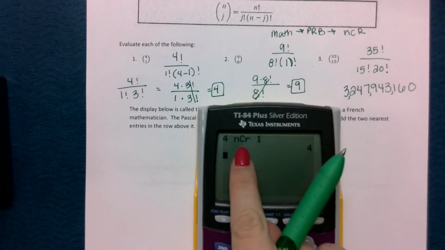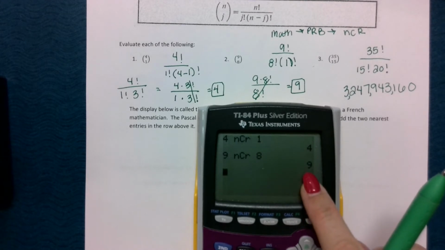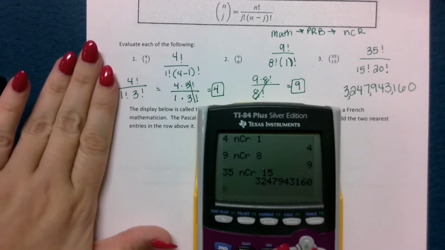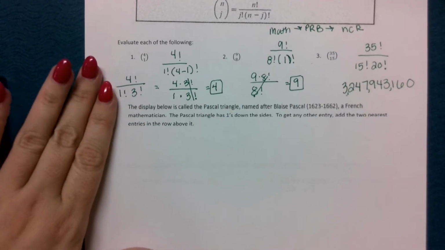It's called 4 choose 1, that's why it's a C. Then I could do the next problem too: 9, math, probability, nCr, 8, and I get 9. Same thing, 35, math, probability, nCr, 15, and I get that 1.2 billion number. So this is called the binomial theorem, and we're going to use it to solve some problems.